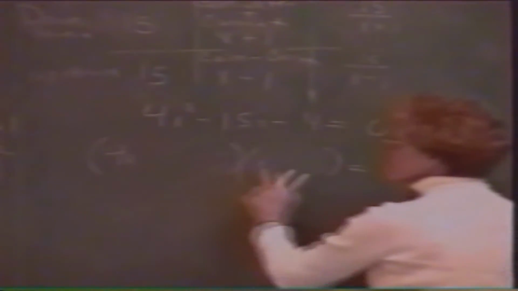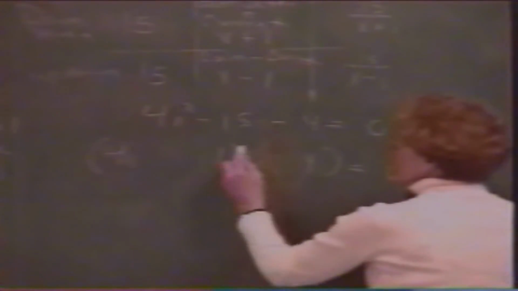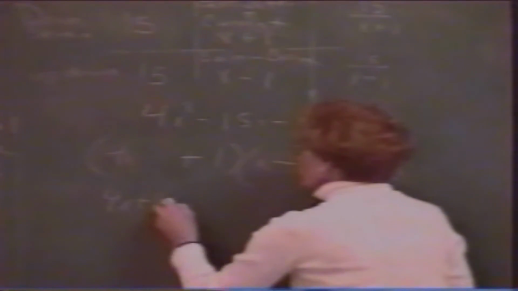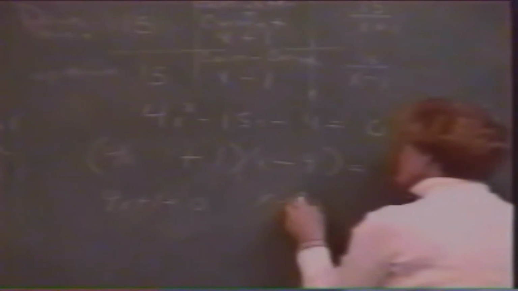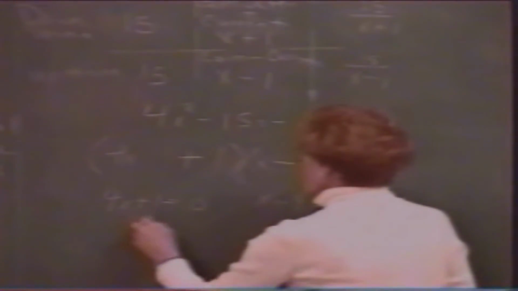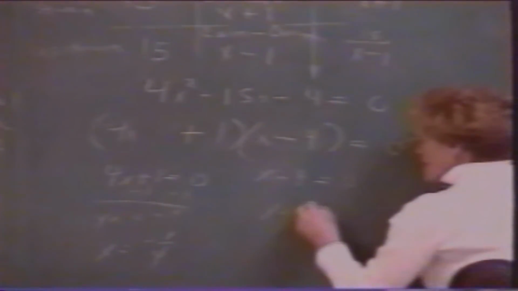It ends up we're going to have to use 4x and x and 1 and 4. We've got to have different signs, and to make that middle term work right, we've got to have a negative on the 4. So when we set these equal to 0, 4x plus 1 equals 0, and x minus 4 equals 0, what are we going to get for answers? x will be negative 1/4, and over here, x will be 4.